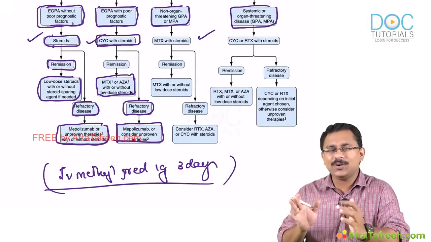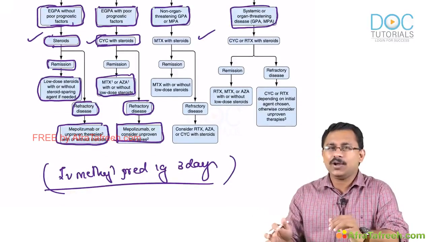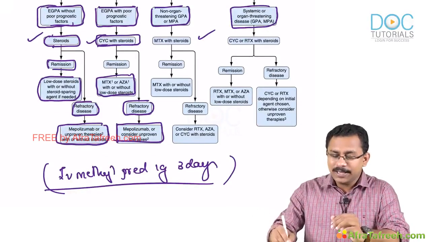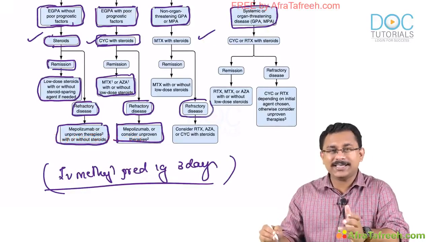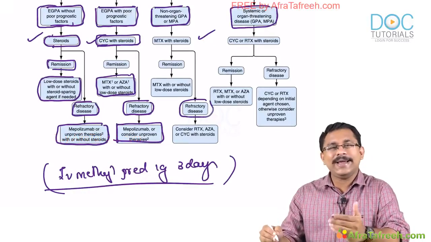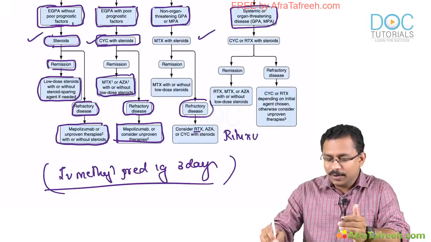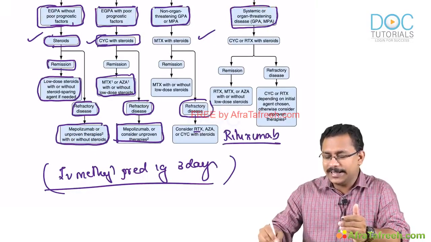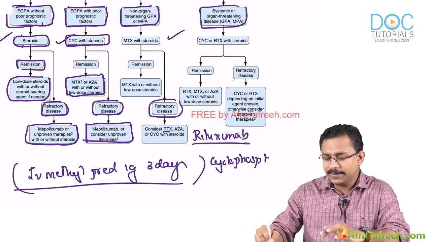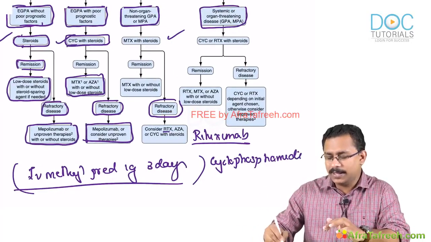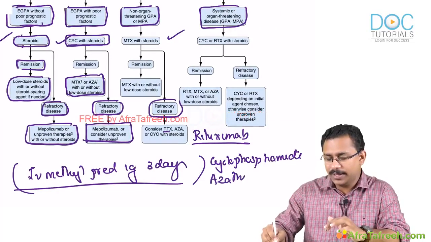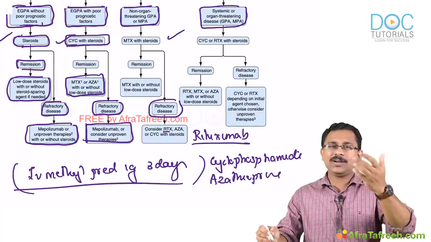Okay, and you try to keep the patient on methotrexate and low dose steroids. But if the patient is going for a refractory stage, here again, you can either introduce drugs like RTX, which is your rituximab, or you can go for drugs like cyclophosphamide or maybe azathioprine. Okay, so which means you will have to step up your treatment.